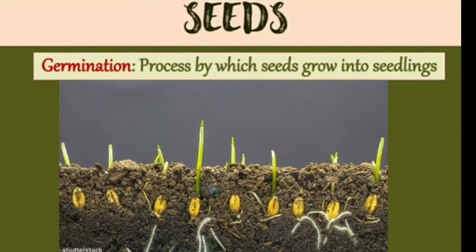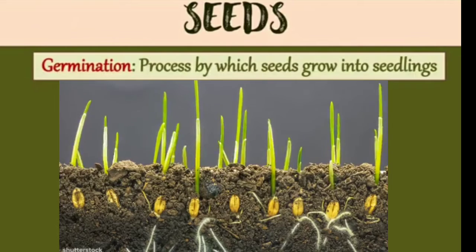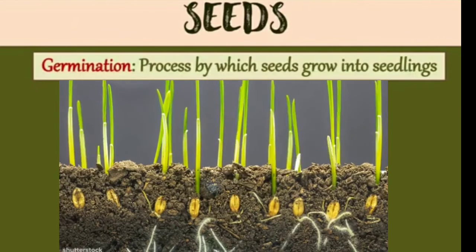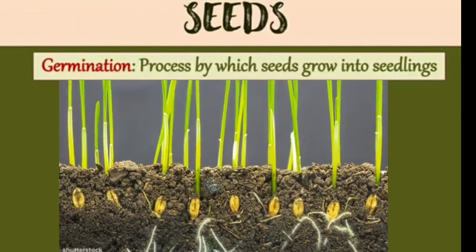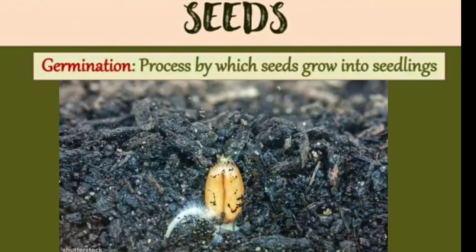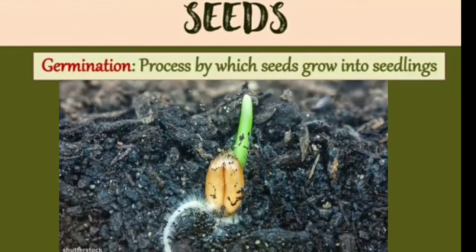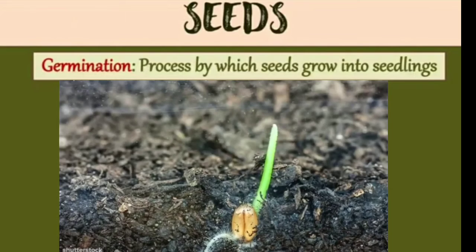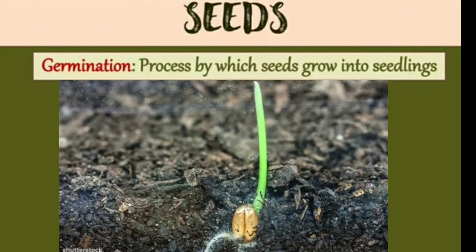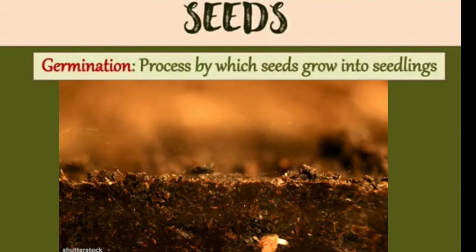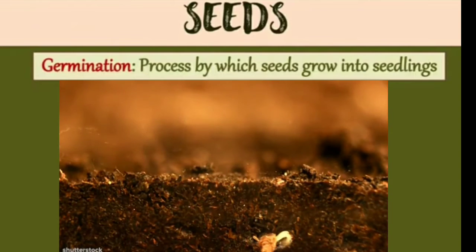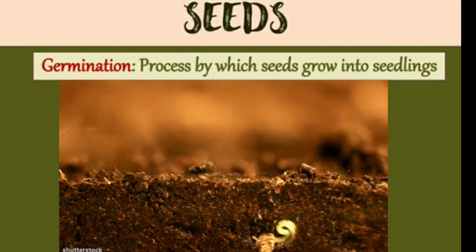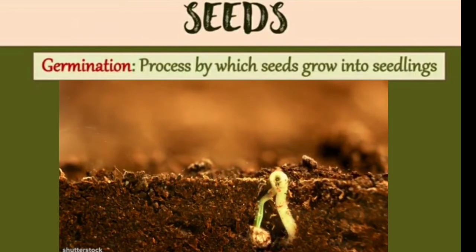We could see that the seed is growing into a seedling within 2 or 3 days, isn't it? As you can observe on your screen, children, the seed is germinating, right? So what is actually happening here?